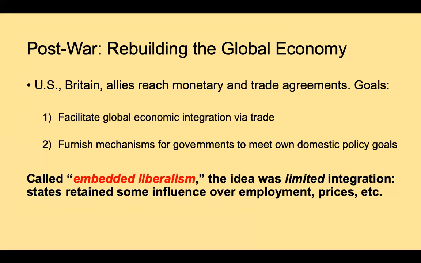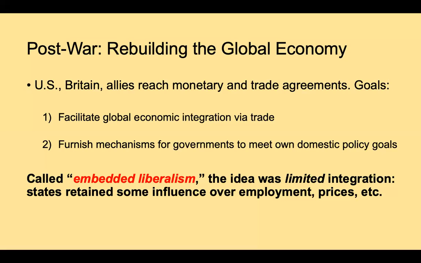And the idea is, let's go halfway. Let's not totally liberate these markets. Let's open up channels and pathways for trade in exchange and integration while still allowing governments mechanisms to meet their own domestic policy goals.